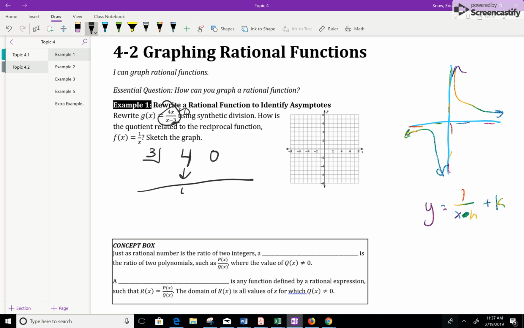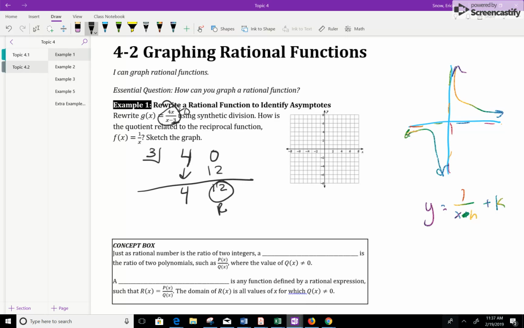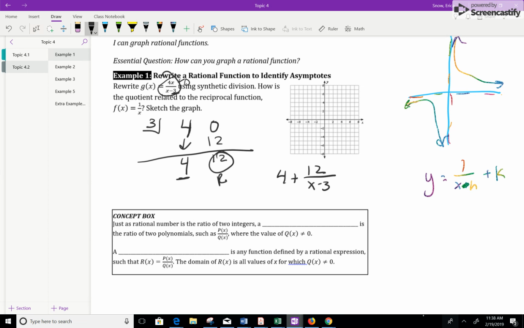And remember, we bring the 4 down, and then 4 times 3 is 12. This is our remainder, and we're going to put it over our original function. So when we step this down, it's not 4x, it's just the constant 4 plus 12 over x minus 3. Or I can rewrite this as 12 over x minus 3 plus 4.